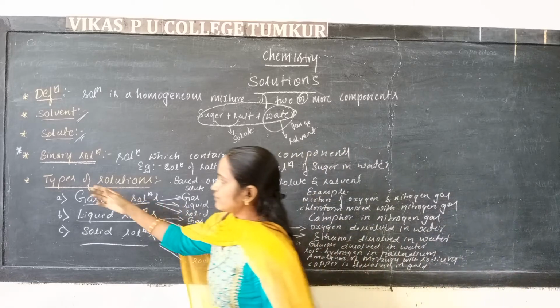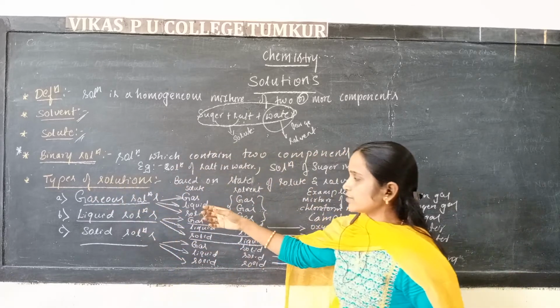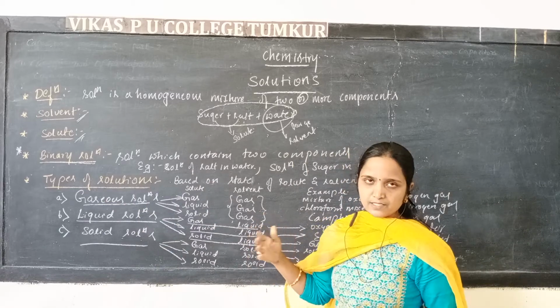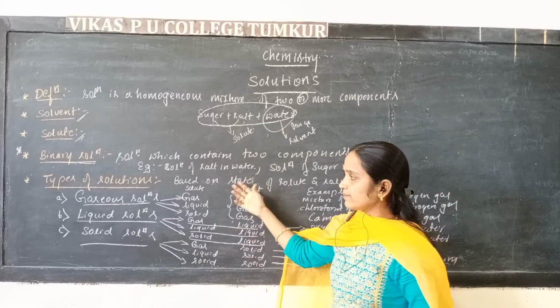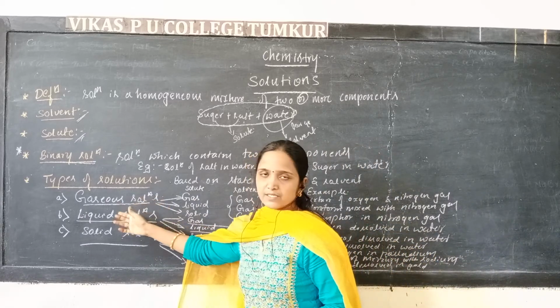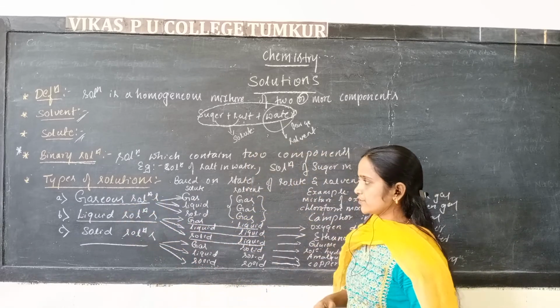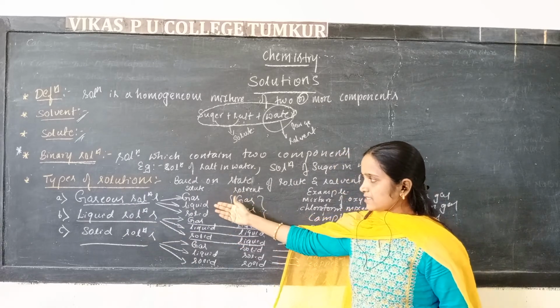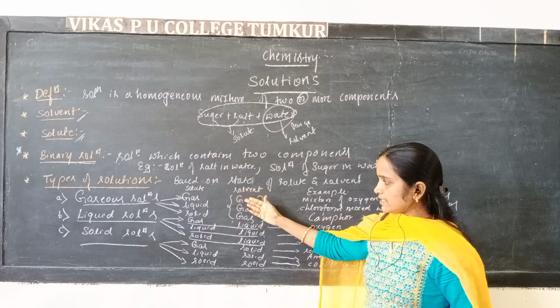Then types of binary solutions are based on the physical state of the solute and the solvent. They are classified into three types: gaseous solutions, liquid solutions and solid solutions. In gaseous solutions, the solute may vary, that is gas, liquid or solid, but the solvent is gas only.